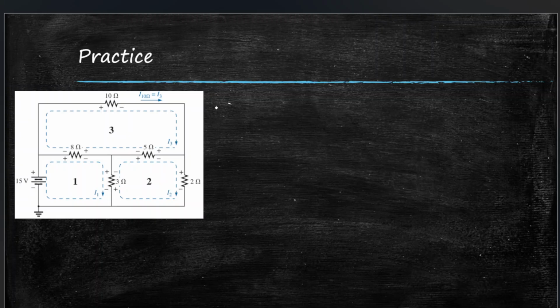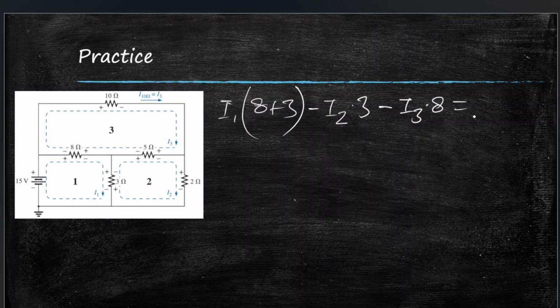Let's start with loop 1. So I1, again, format approach makes life easier. Learn format approach. So I1 bracket open, and then add all the resistors. So 8 plus 3, and then minus I2 and just 3, and then again minus I3 and just 8, equal to just plus 15 volts.